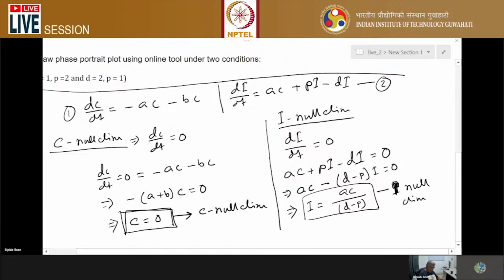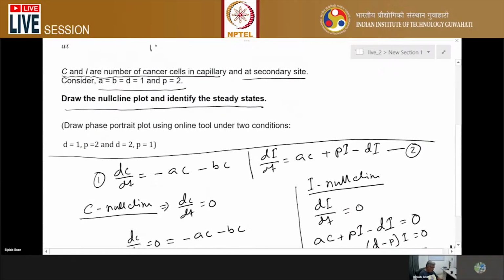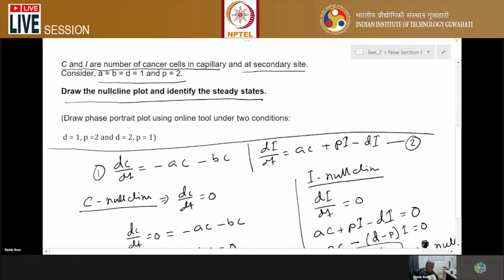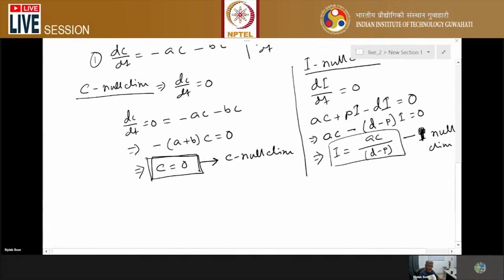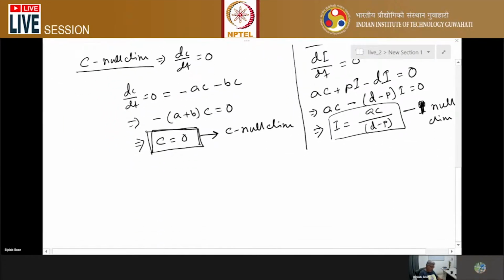I don't remember the value of the constants. Do you remember? Let me check. A, B, D equal to 1, P is equal to 2. Okay, everything is 1, only P is 2. So let us now put those values. So my C null-line, as I calculated, C equal to 0. So I have no problem, there is no value to be replaced.